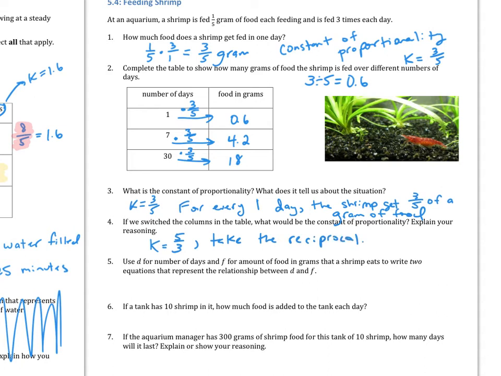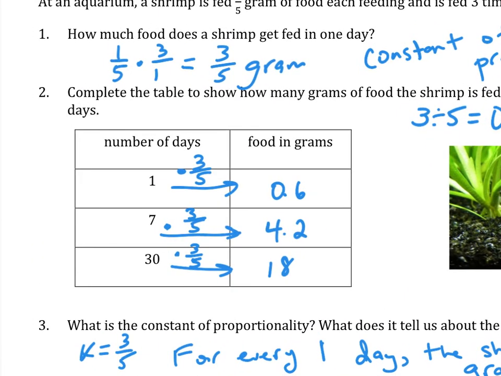For 5, it says use D for the number of days and F for the amount of food in grams that a shrimp eats, and to write 2 equations. So what I'm going to do is go back to the top of my table. D is the number of days. F is food in grams.